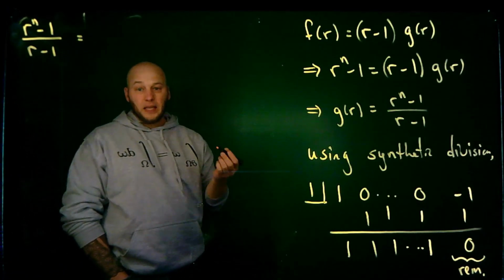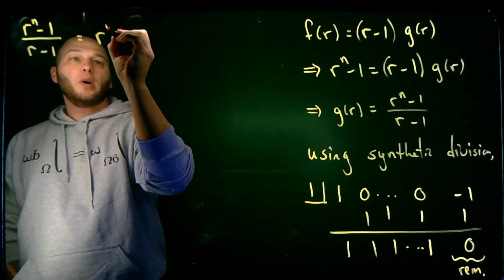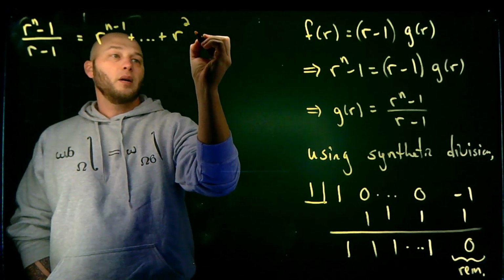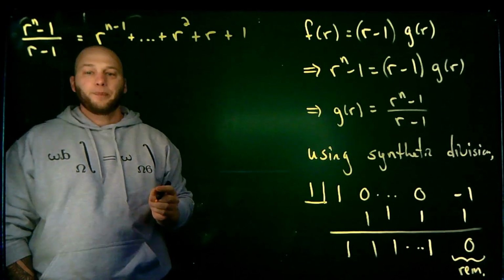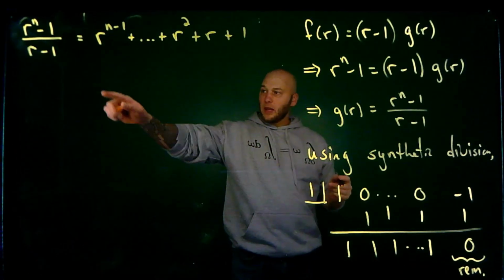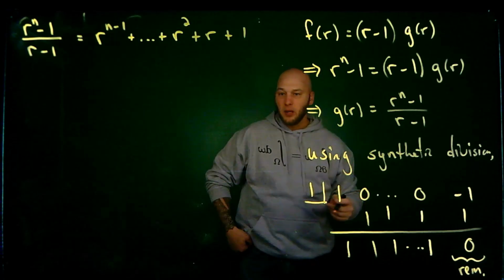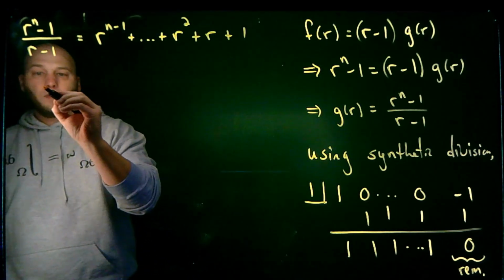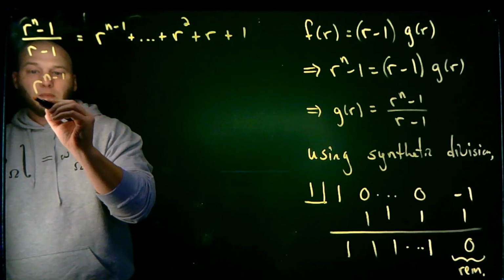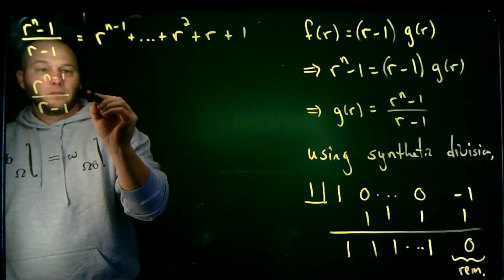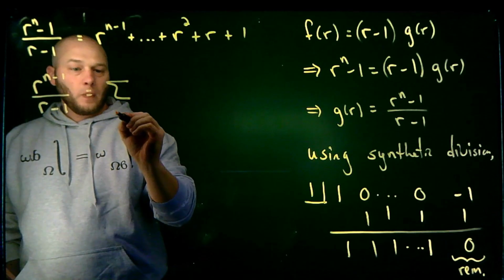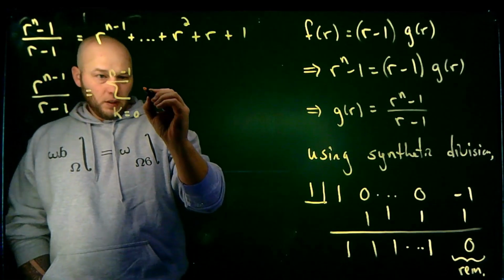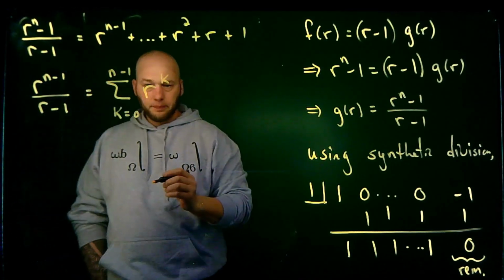Performing that division gives me r to the n minus 1 plus all the way down to r squared plus r plus 1. Okay? So performing that division gives me this expression right here. Now what I can do is let's write this as a summation. So we would have, let's say, k equals 0 to n minus 1 of r to the k.